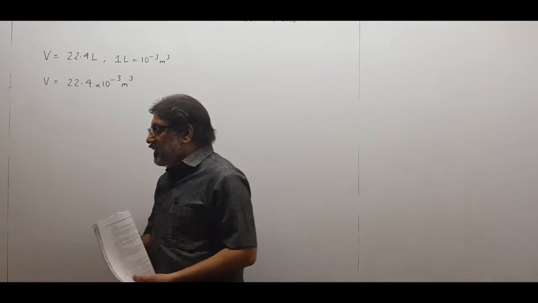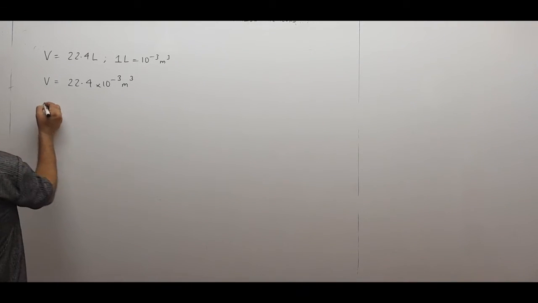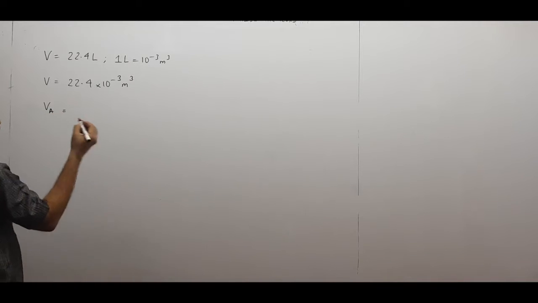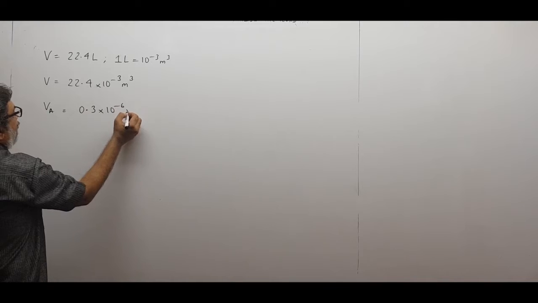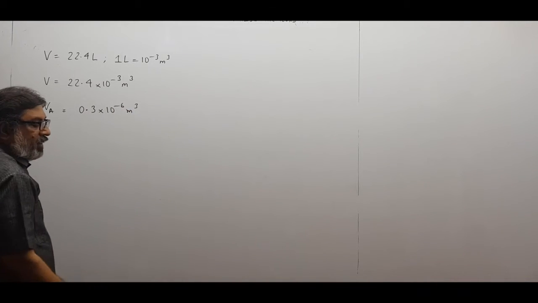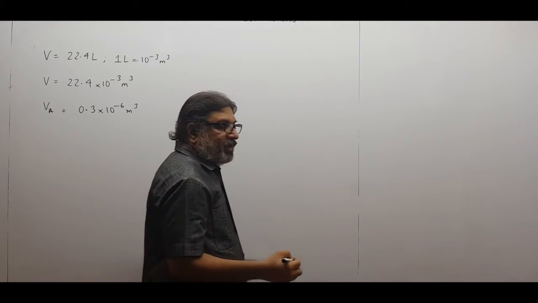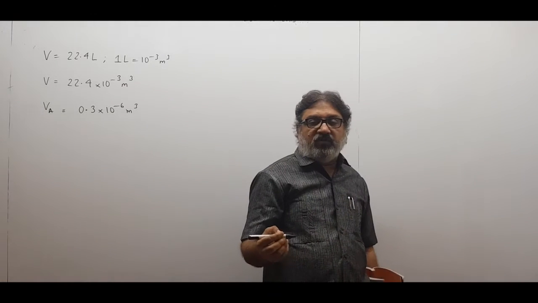So we had found out the actual atomic volume of 1 mole. If I am not mistaken, it was 0.3 into 10 raised to minus 6 meter cube. This was the volume occupied by 1 mole of molecules of hydrogen.